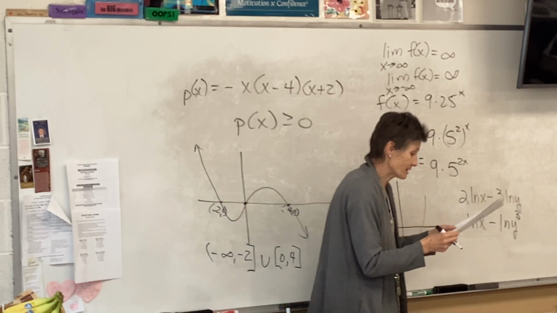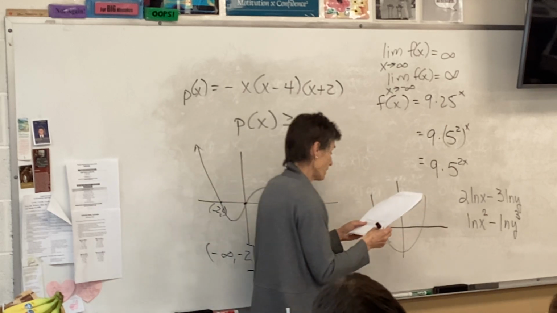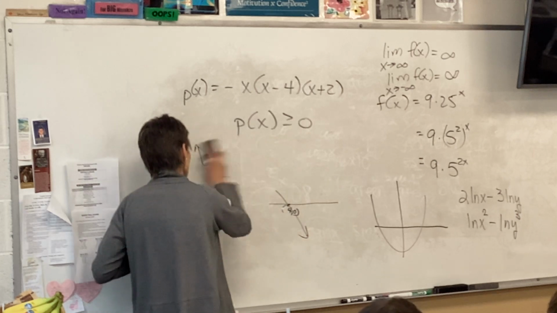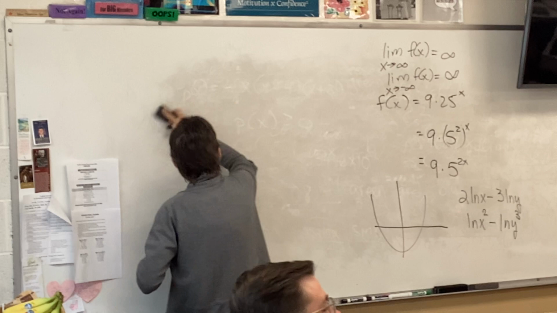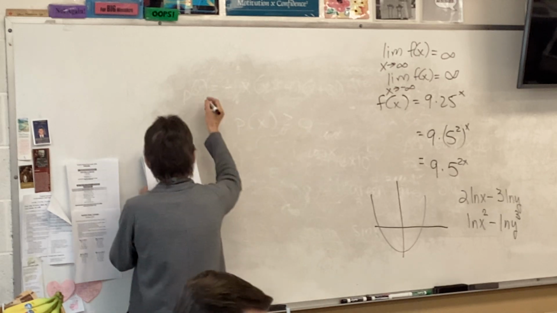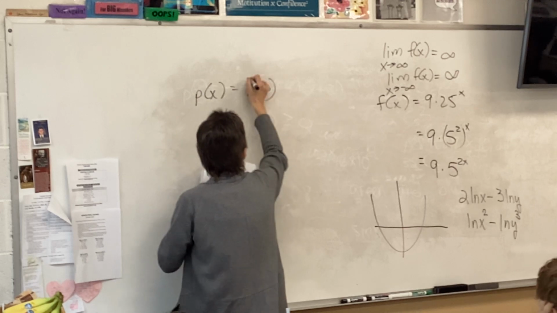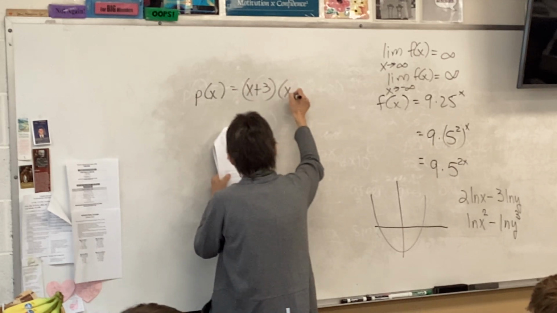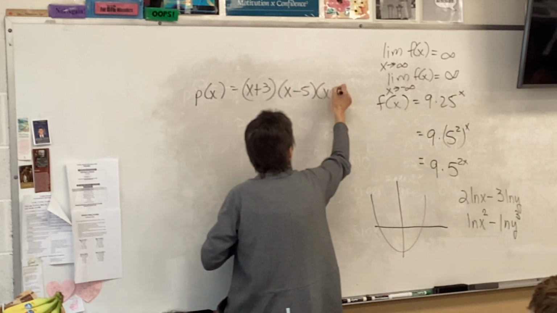Okay, number 6. The polynomial function, okay, which of the following describes the zeros? Might be a good idea to go ahead and factor that second part of the problem. So our polynomial is x plus 3, and then x minus 5 plus 3.